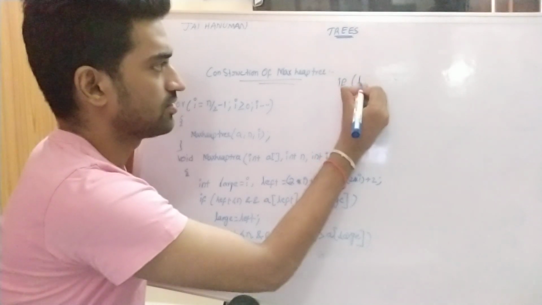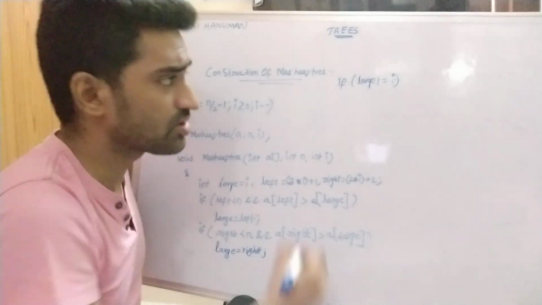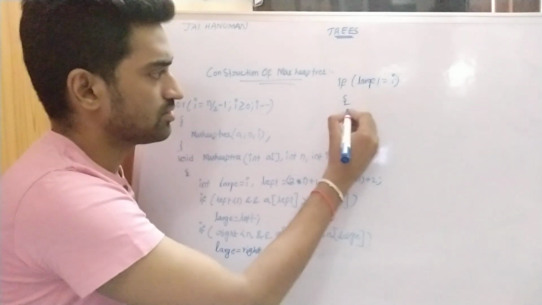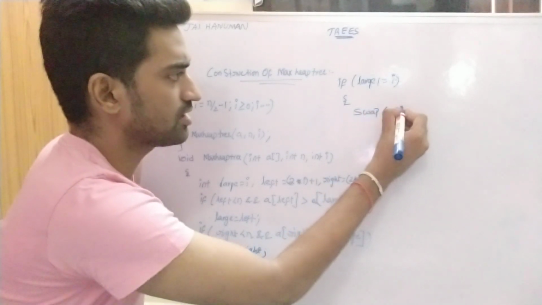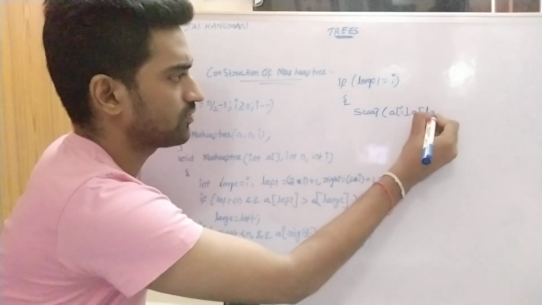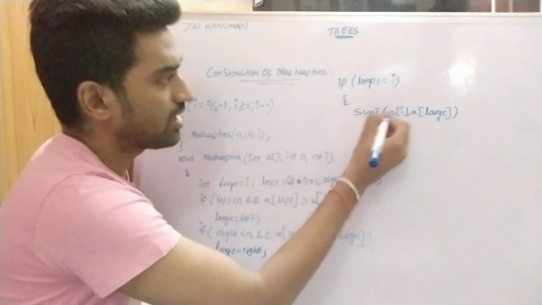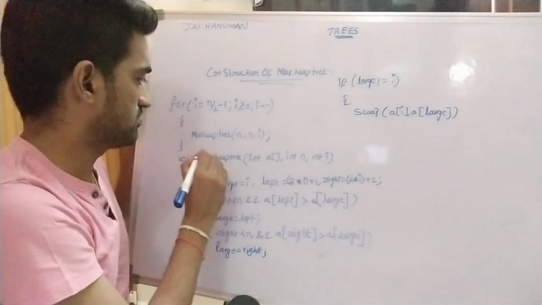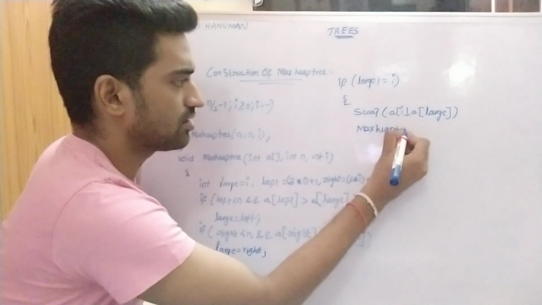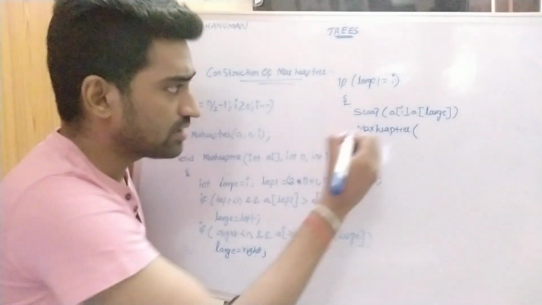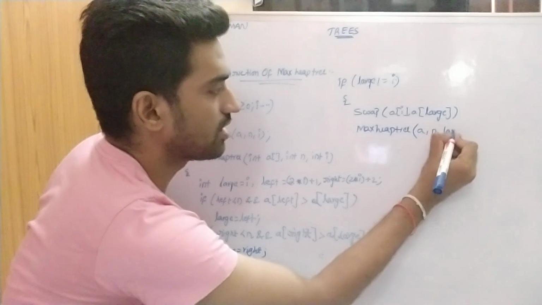We check one more condition: if large not equal to I, we swap a of I comma a of large. Again we call the same function, max heap tree, along with a comma n comma large.